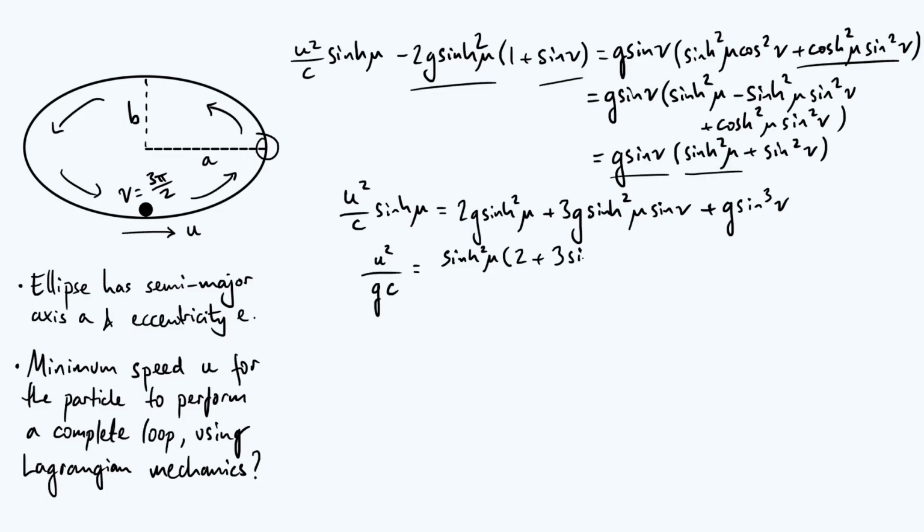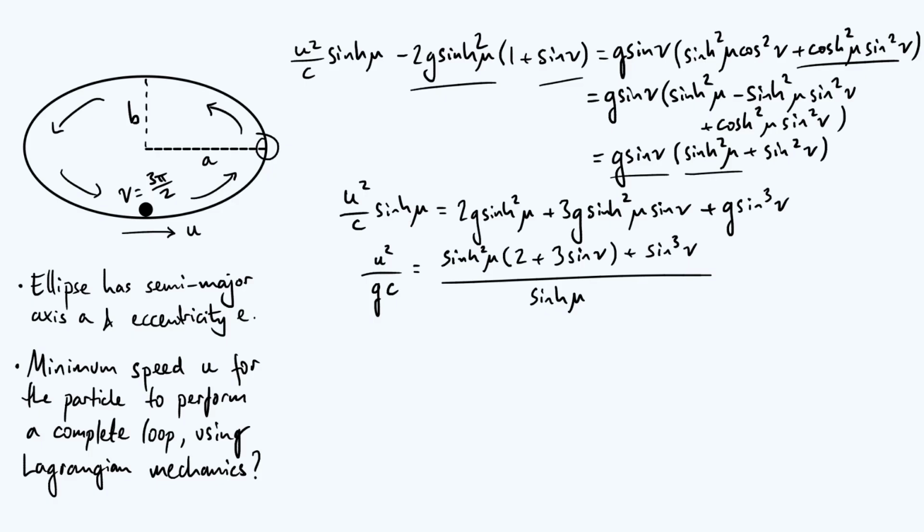Then we've got that plus sine cubed of nu as well. Remember, we divided the g out. Then we've now got a denominator of this sine mu, which we've divided through by. So divided by sine of mu.